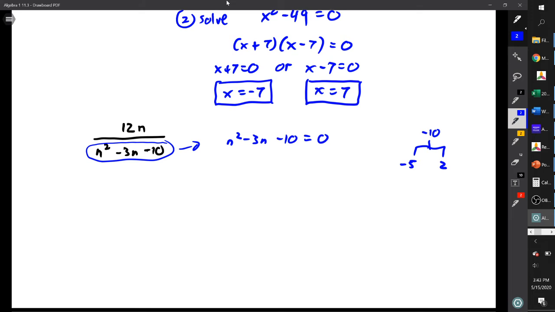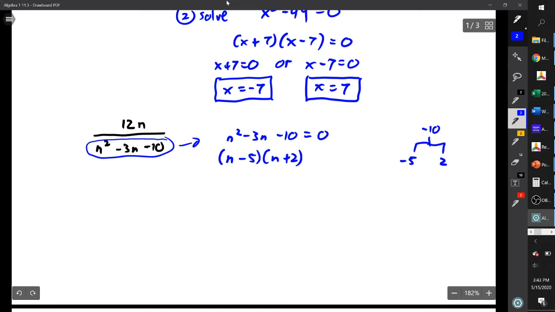So because this is a 1n squared, I can immediately factor this as n minus 5 times n plus 2. That's that negative 5 and positive 2. So I've factored it. Now I can take each factor and set it equal to 0. n minus 5 equals 0, or n plus 2 equals 0. So then here n equals 5, and then here n equals negative 2.